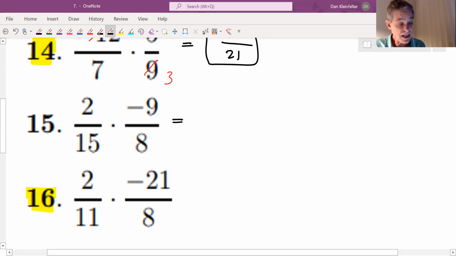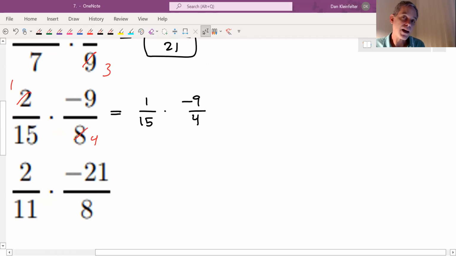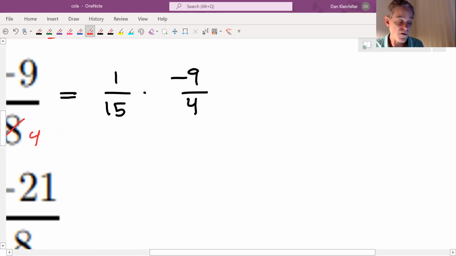So the 2 and the 8 have that common factor of 2, which we'll remove, dividing the top and bottom by 2. And then this will leave us with 1/15 times negative 9/4. Okay, and then of course the 9 and 15 have a common factor of 3, which we'll want to remove. So 15 divided by 3 is 5.